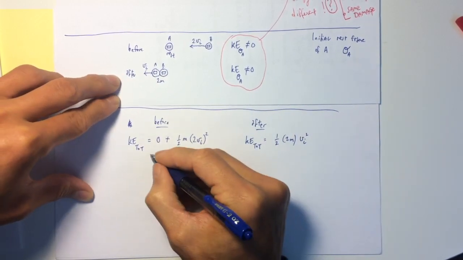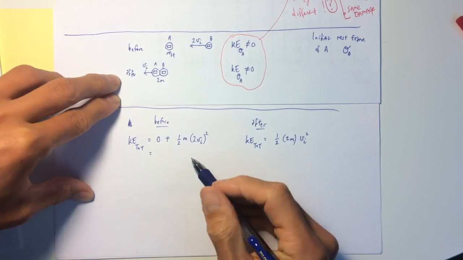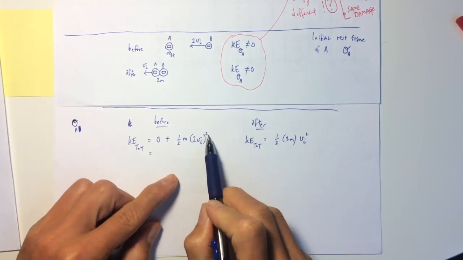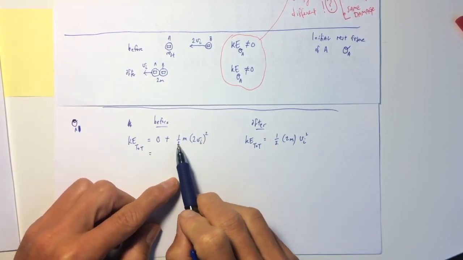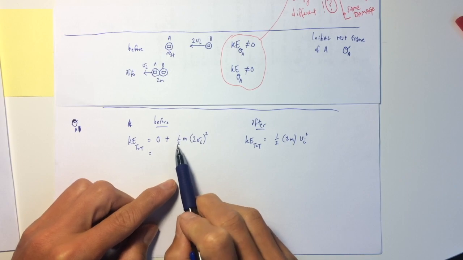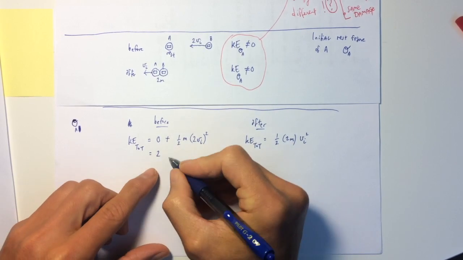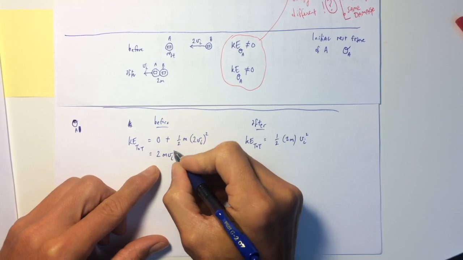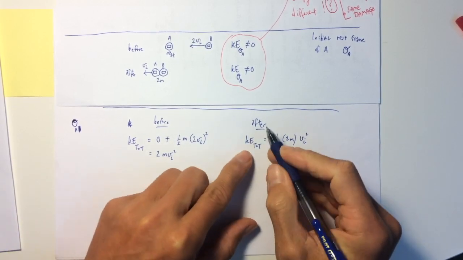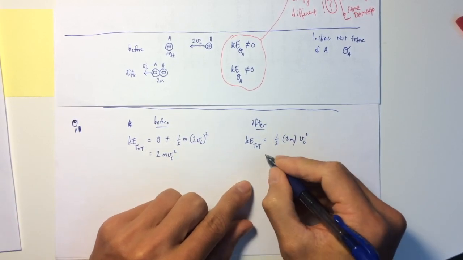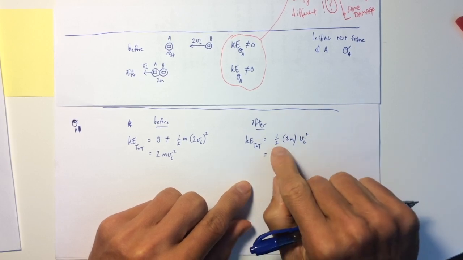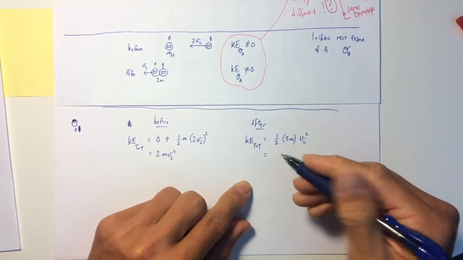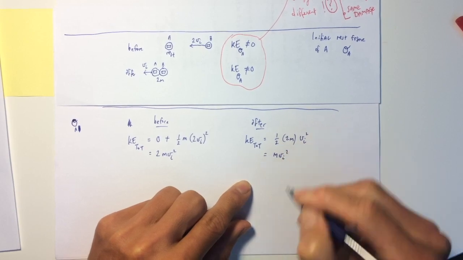So if I just calculate out what this is, 2 squared is 4, but that 4 is divided by 2 over here. So there is a 2 left over, and you can do this on your own, but it's twice mvi squared. And over here, the total kinetic energy afterwards, if you calculate this out, half of 2 goes to 1, and I'm left with mvi squared.